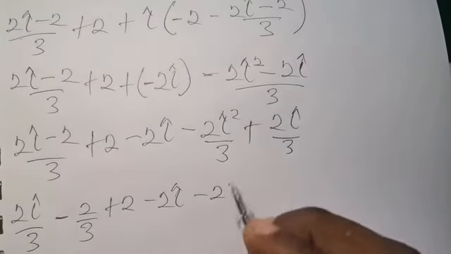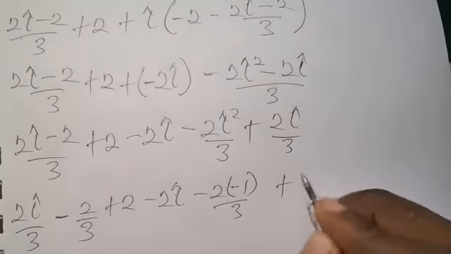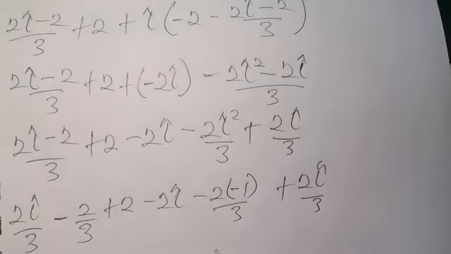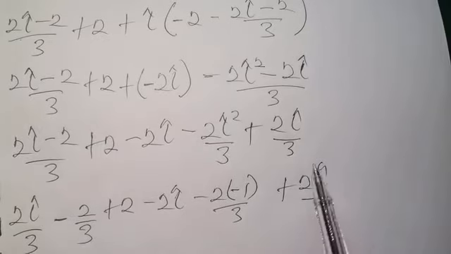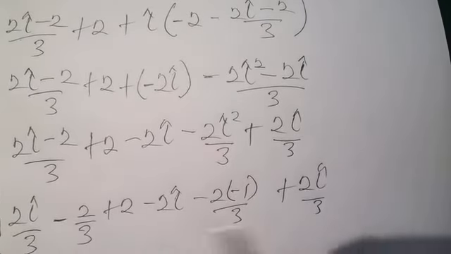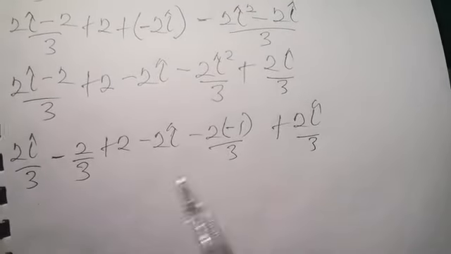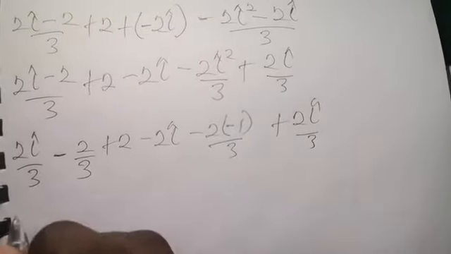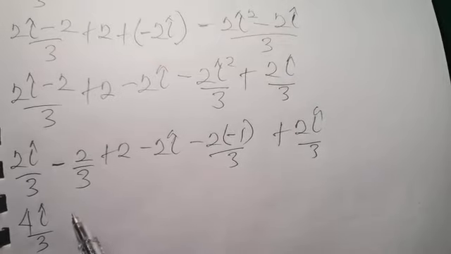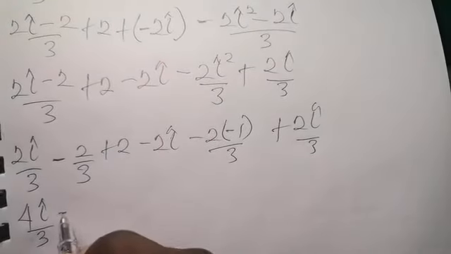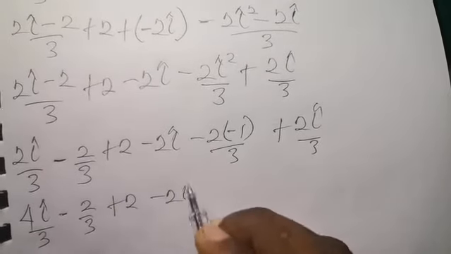Since i squared is minus 1, you have minus 2 into minus 1 all over 3, plus 2i over 3, and we have plus 2i over 3. Collecting like terms now, 2i over 3 plus 2i over 3 simply gives us 4i all over 3. Now I have minus 2 over 3, plus 2 minus 2i.